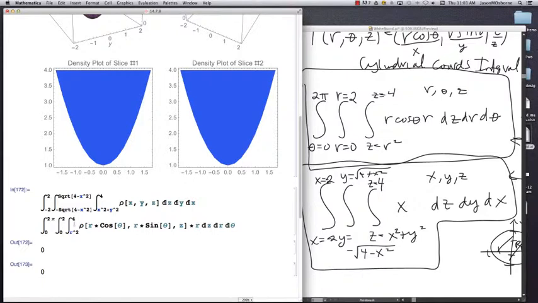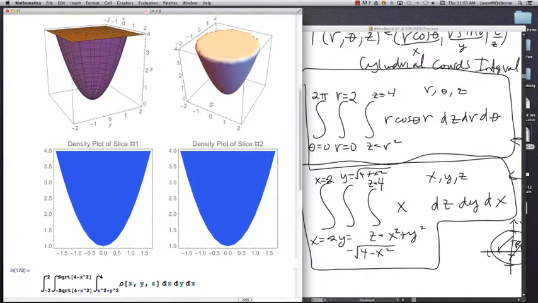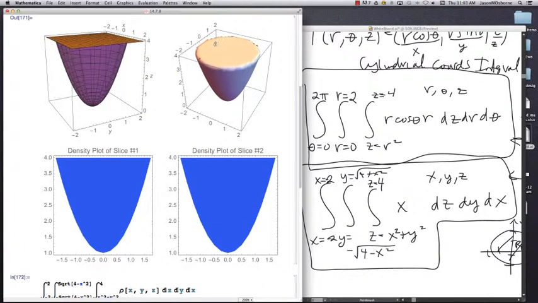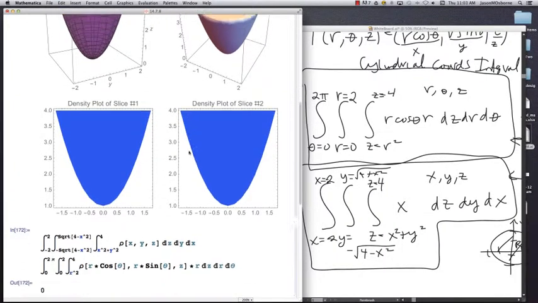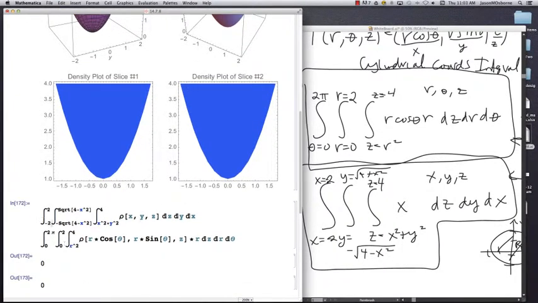The reason it's 0 is that the density is x. When x becomes negative, the density is a negative density, and then on this side it's a positive density, and the two in a sense cancel each other out and leave a mass of 0. The point, what you should see, is that these answers should always come out to be the same.